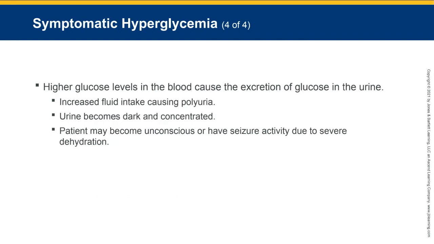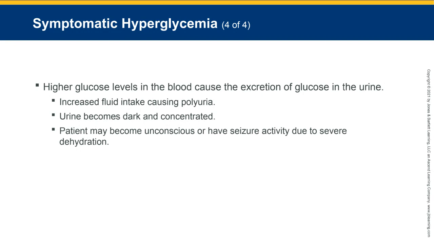Still on hyperglycemia, higher glucose levels in the blood cause the excretion of glucose in the urine, and this increased fluid loss causes polyuria, excessive urination. Urine becomes dark and concentrated. And if they spill urine while urinating, ants will start to gather around it.